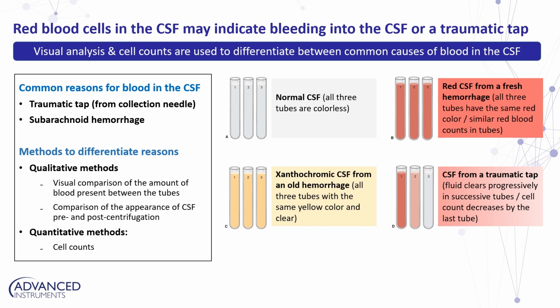Some examples of qualitative methods might be a visual comparison of the amount of blood present between the tubes, or a comparison of the appearance of CSF pre- and post-centrifugation.